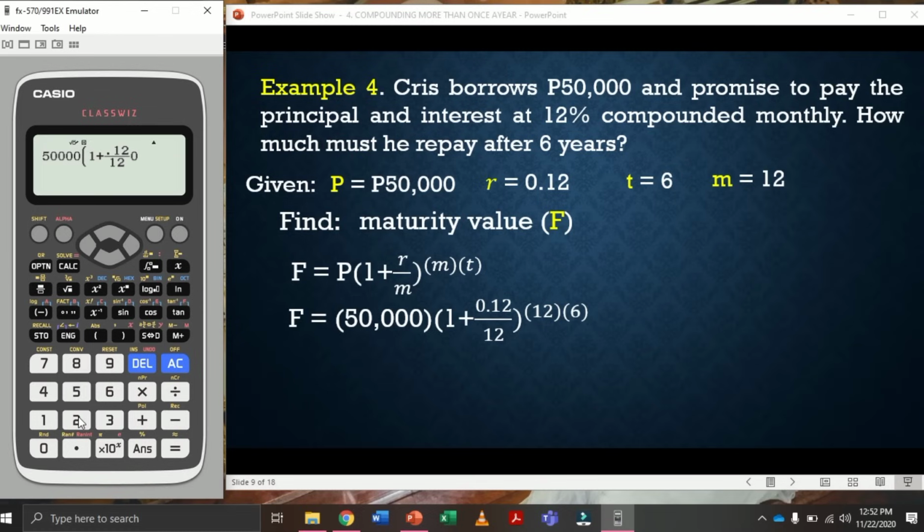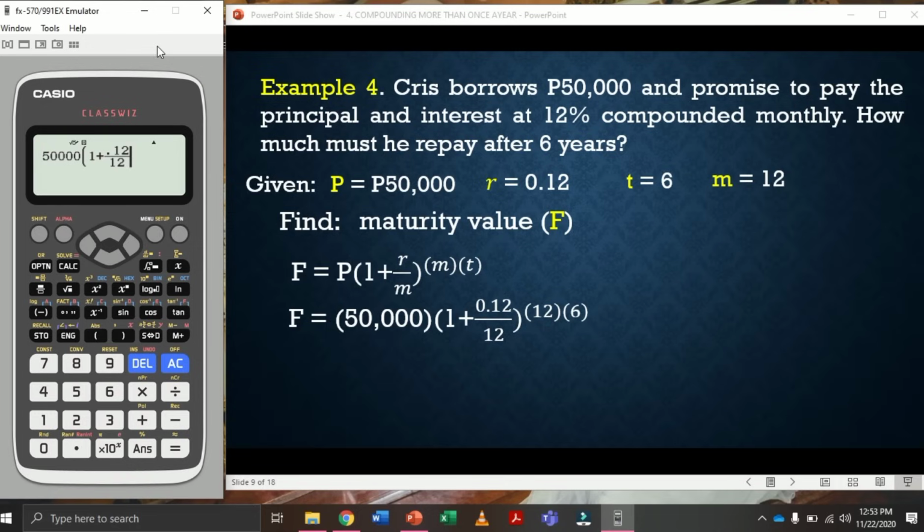Sa mga nagtatanong pala kung saan na-download tong calculator na to, itong emulator na to ng Casio, puntahan niyo lang yung website niya. Libre niyo yun ma-download yung emulator. Yun nga lang, may mga features to na hindi natin magamit kasi may bayad din. Punta lang kayo sa website ng Casio. Kasi natutunan ko ito sa seminar ng mga Casio eh.